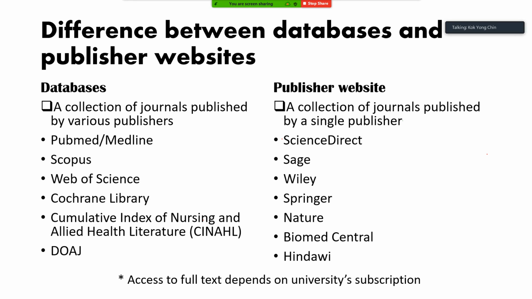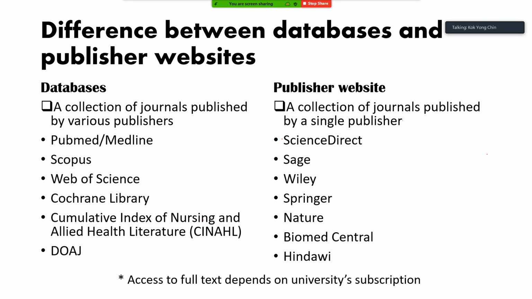In Google you can find resources from various websites; similarly, in databases you can find journals published by various publishers. Some famous databases are PubMed, Medline, Scopus, Web of Science, Cochrane Library, CINAHL for nursing, and DOAJ, the Directory of Open Access Journals. These are all databases.